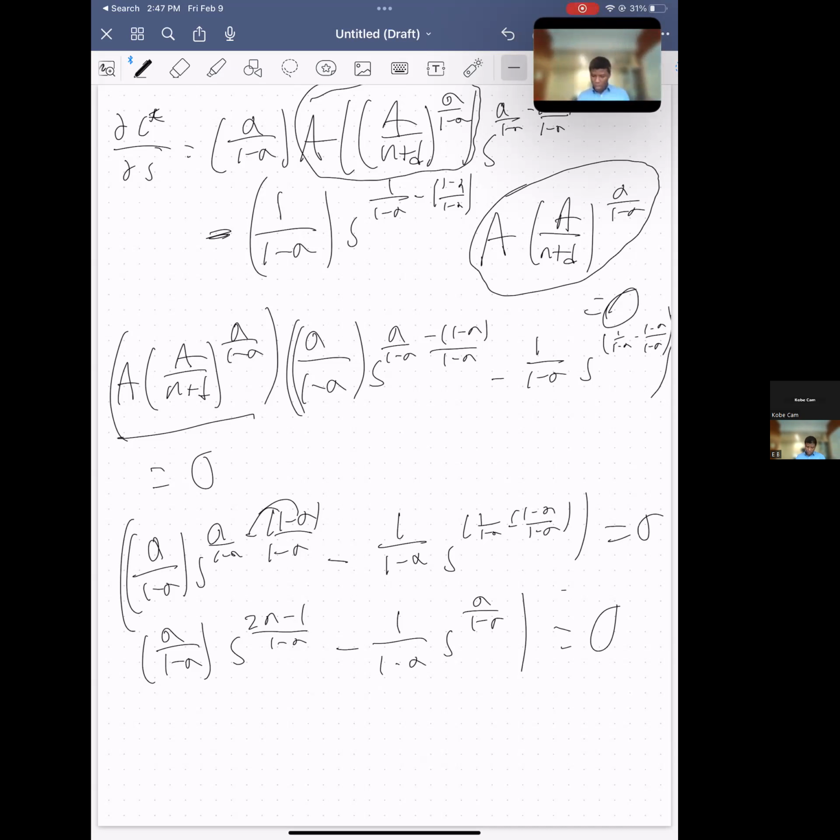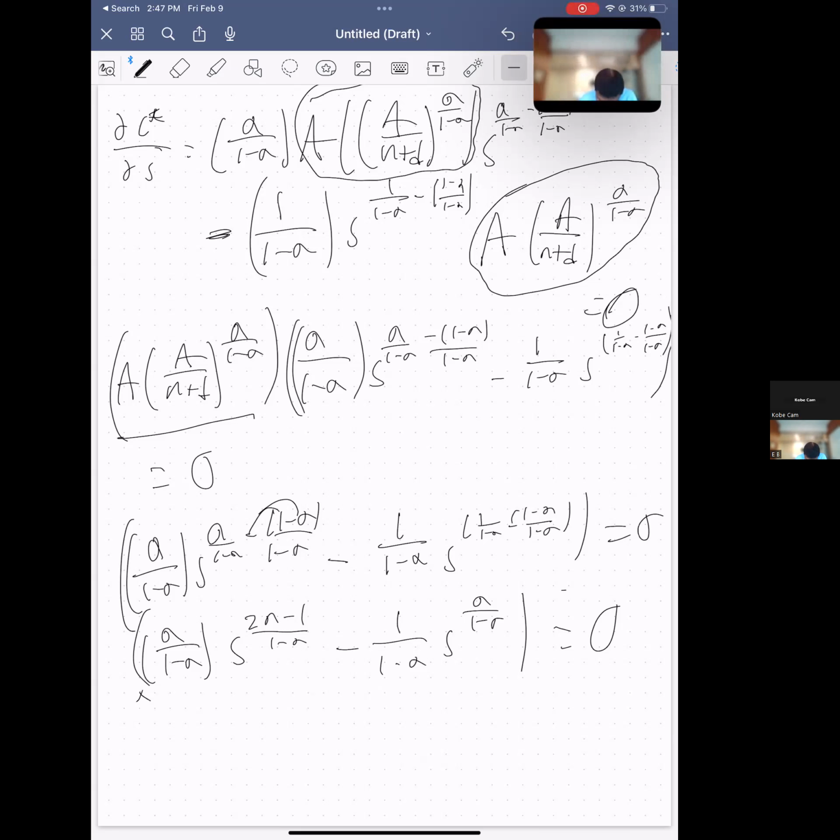Now what's next? So from here, notice we can combine like terms again, because we have a 1 minus A in the denominator of both of these terms. So if we multiply both sides by 1 minus A, right, then we can distribute that 1 minus A to both, and so from there, 1 minus A times 0 is still 0, so we should get this.